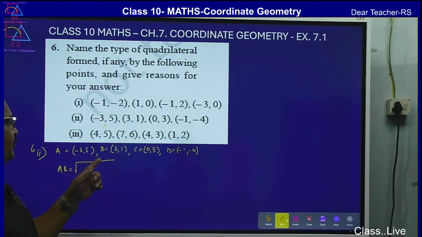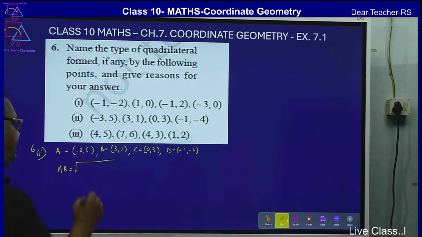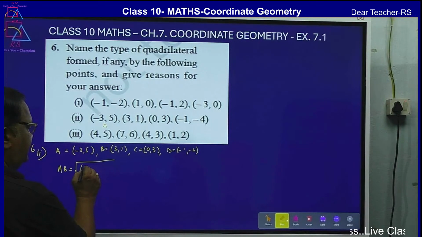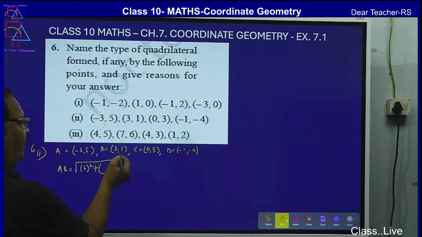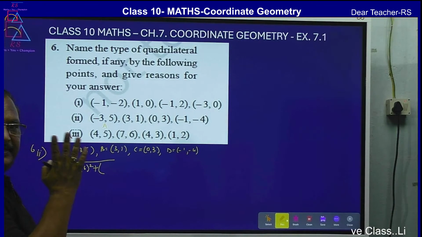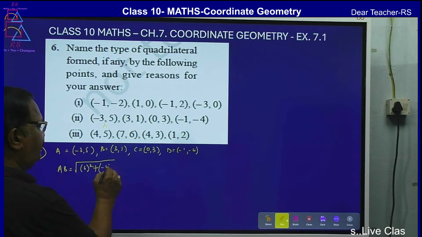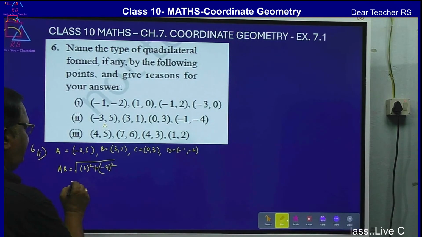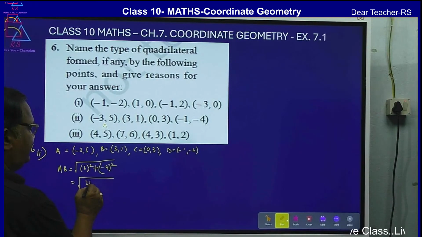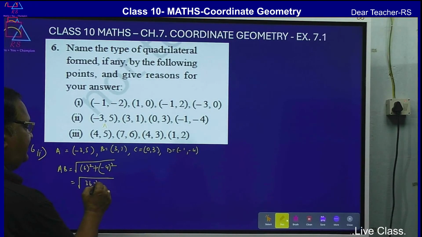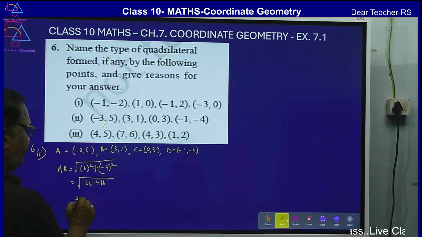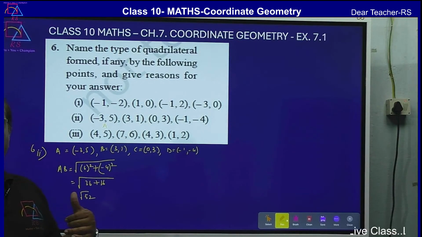AB means first two: 3 minus minus 3, plus 3, it is equal to 6 whole square, 1 minus 5, it is equal to -4, so -4 whole square. This is equal to 36 plus 16, which is equal to square root of 52. We have got AB equal to root 52.